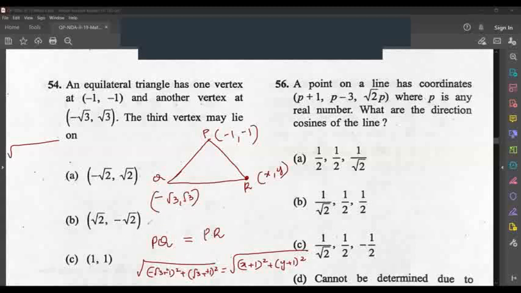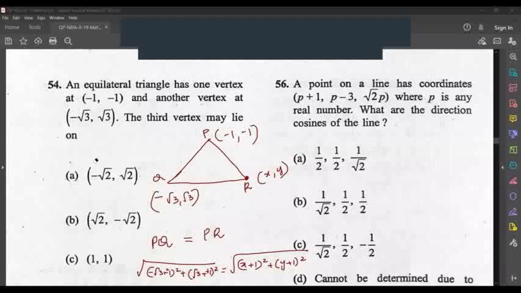What you'll get, just see what you'll get. If you open that, you will get it as 8. Just open a plus b the whole square. You will get it as 8. So I'll get 8 is equal to, you see what you're getting?